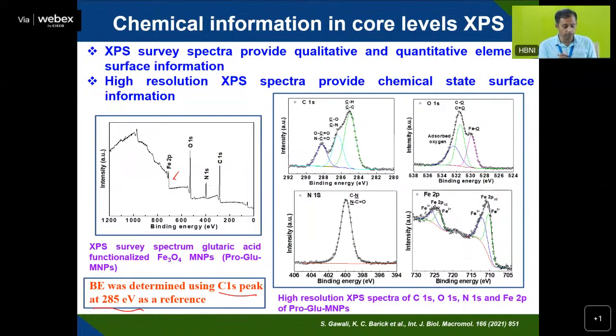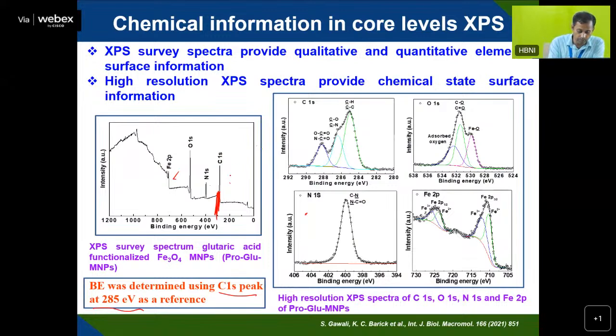If there is a shift, like this is the carbon position, and this position is supposed to be at 285 electron volts, but instead it is shifting to 282 or 290, what will happen? Depending on the C 1s peak, if there is any shift, that shift has to be brought back to this position.